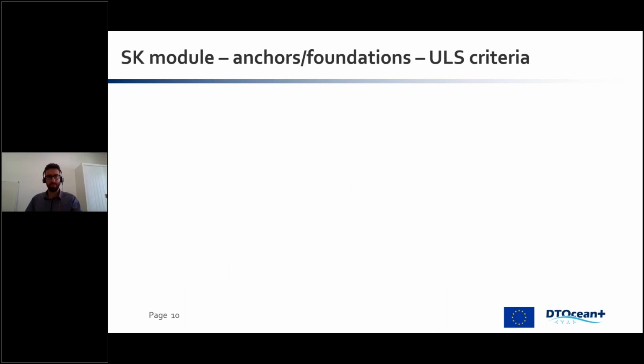Now, if we focus on anchors and foundation, I will quickly go through the ULS criteria that I use for each of the anchor foundation types. For the pile anchor and monopile, we check the lateral capacity, the axial tension capacity, the axial compression capacity, and the steel stress. And we analyze the steel stress inside the pile.